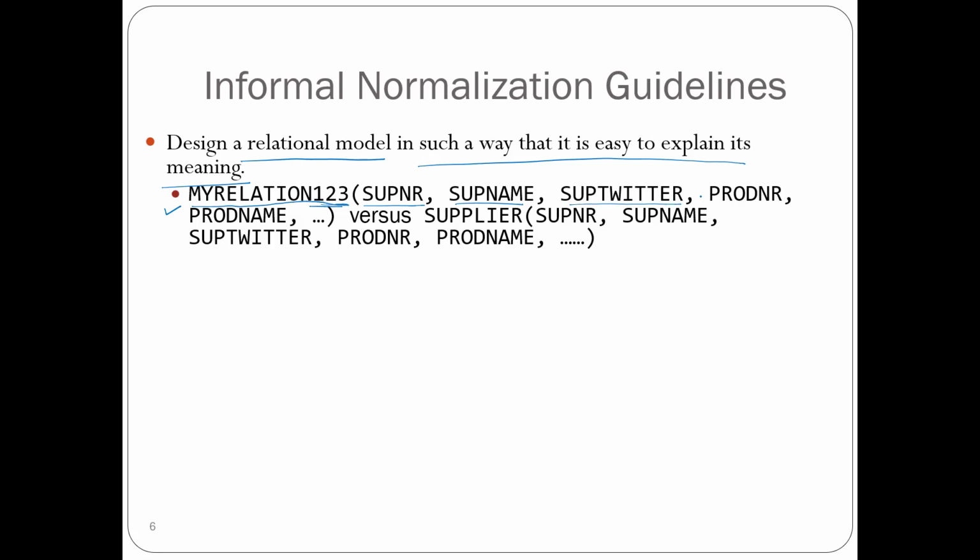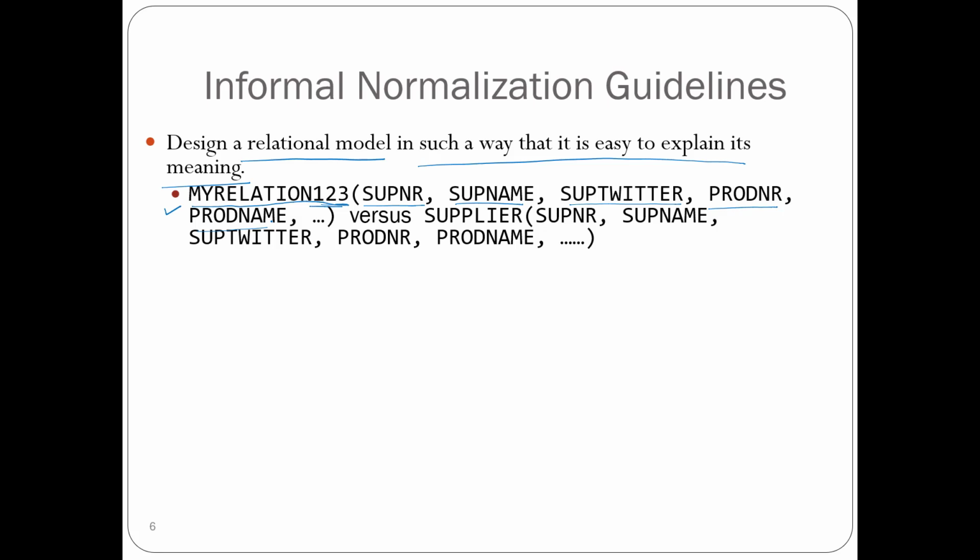Maybe the tweets that the supplier has written. Then you have PROD, product number, product name, and so on. So one good thing about this relation, my relation 123, is that you have meaningful attribute type names, but for some reason the relation name is not meaningful, is not conveying any information.